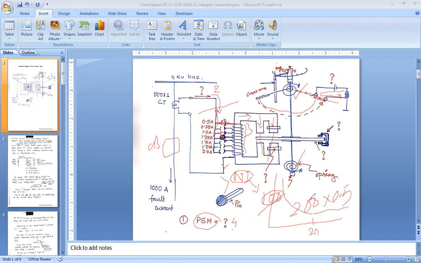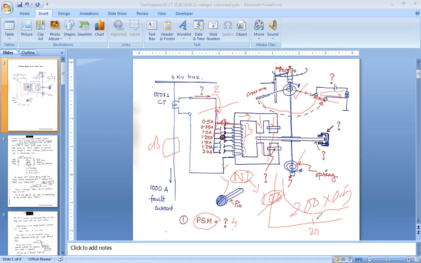So that characteristic is known as the IDMT characteristic. IDMT means inverse definite minimum time. So the characteristic is inverse, obviously, and it has a minimum definite time.